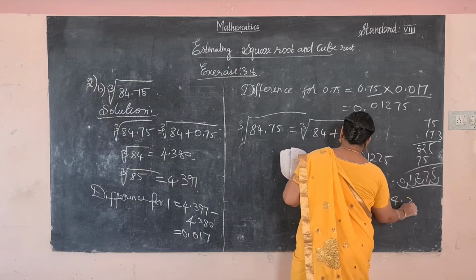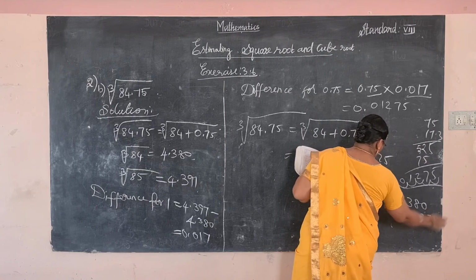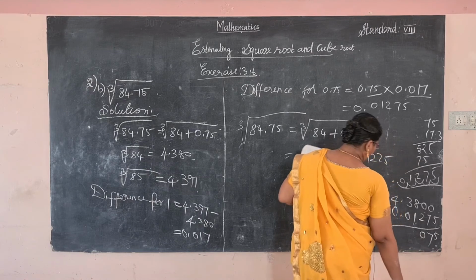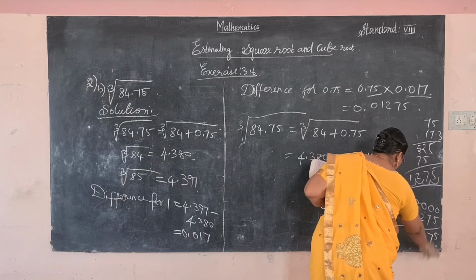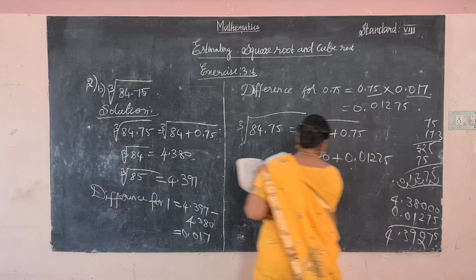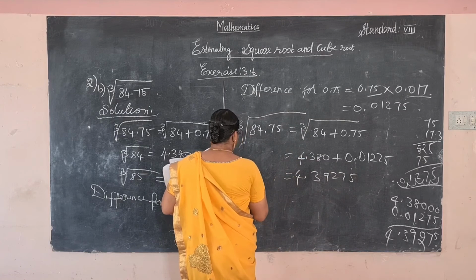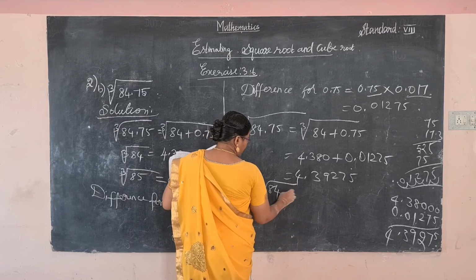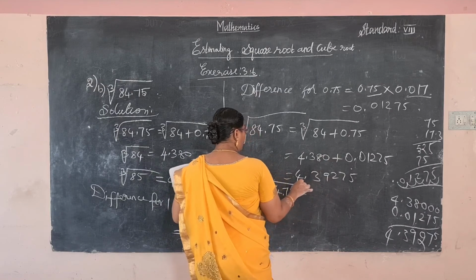So 4.380 plus 0.01275, which gives 4.39275. So the cube root of 84.75 is equal to, you have to write correct up to 2 decimal places.